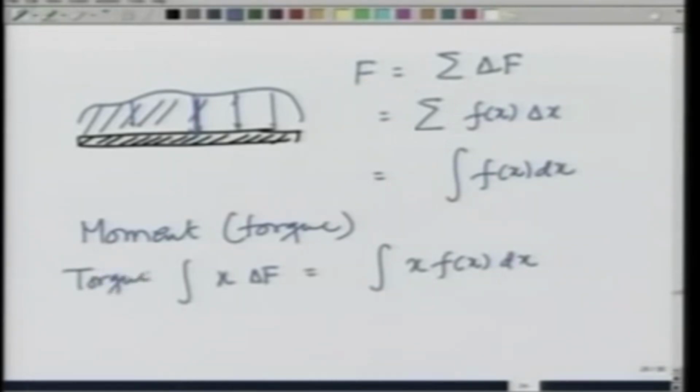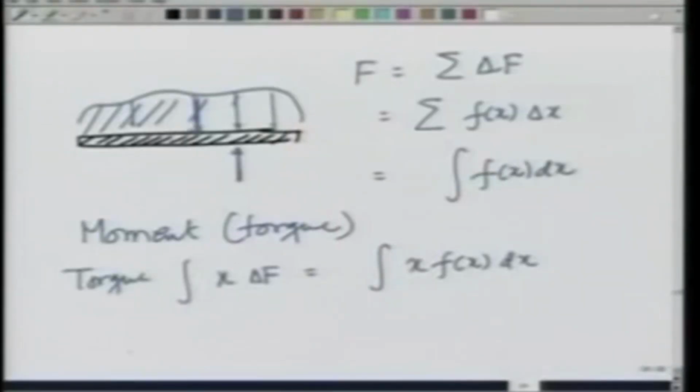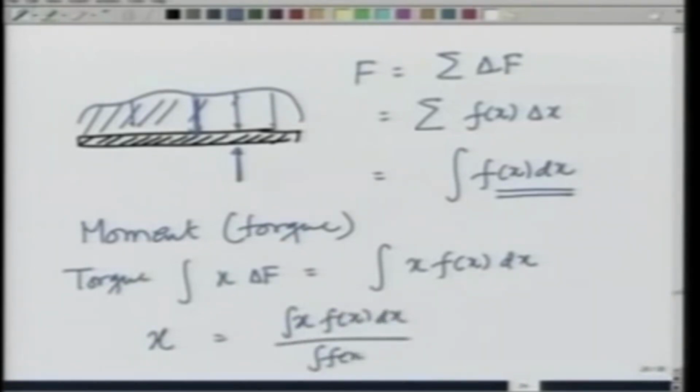If I want to apply an opposing torque with a point force, that force has to be equal to the net force which is being applied, which is the area of this curve, and it has to be at a point x, which is nothing but the integration of x f(x) dx divided by the integration of f(x) dx, which is nothing but the centroid of this curve that describes force per unit length.